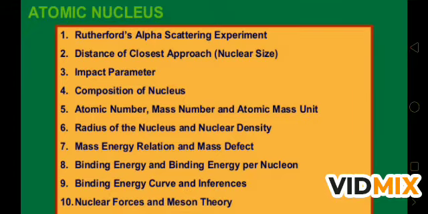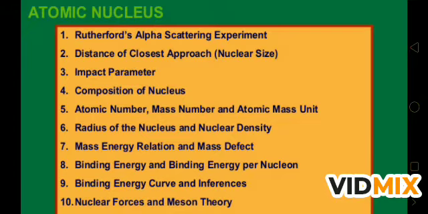So before starting the chapter nucleus, we will just revise the experiment, the closest approach, the impact parameter, and what is the composition of nucleus, what is atomic number, mass number and atomic mass unit. We will learn the radius of nucleus and nuclear density, mass energy relation and mass defect, binding energy and binding energy per nucleon, binding energy curve, nuclear force and meson theory, which are also part of this chapter.